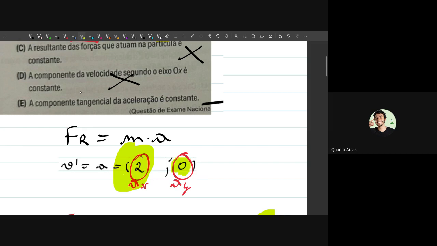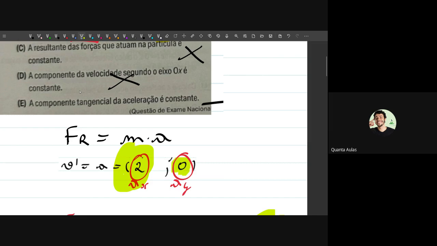Normally, our acceleration components are either 0 or a constant number. They are never time dependent. Acceleration normally is not time dependent.